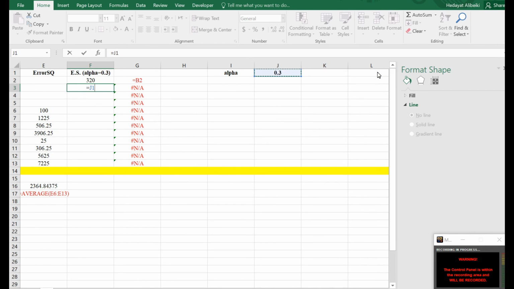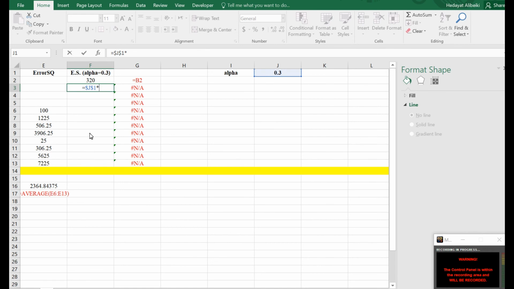I can fix it using F4 on Windows and Command T on Mac. F4, because I want to drag it down, so I want this to be the same for each one of those.